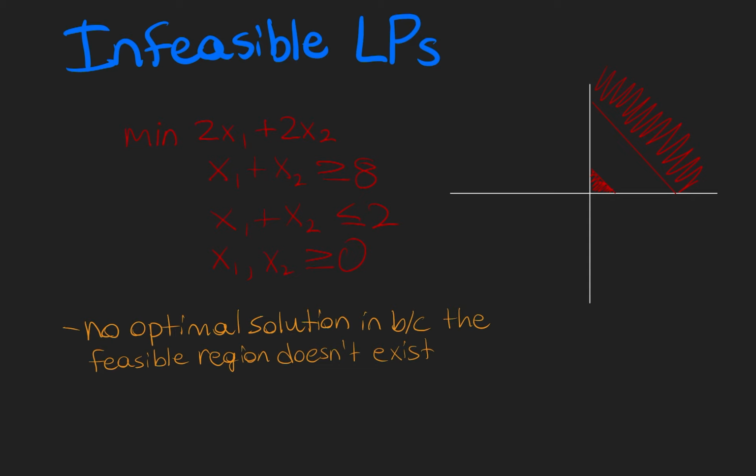For example, there is no x1 or x2 value that satisfies both of these constraints simultaneously, and thus the optimal solution does not exist. So there is no optimal solution in this formulation because the feasible region doesn't even exist in the first place.